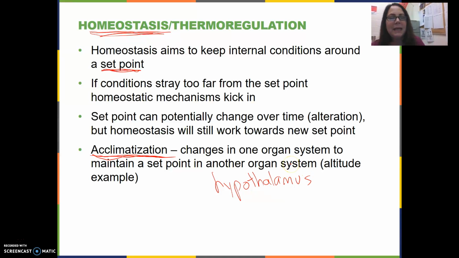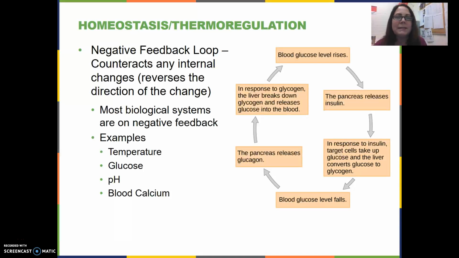So to maintain that body temperature, our skeletal muscle system and even our integumentary system, our skin, because we'll sweat whenever we're hot. So other organ systems will work to maintain the set point temperature, and that is acclimatization, whenever other organ systems respond to a different organ system.